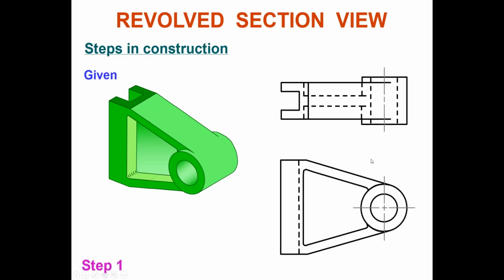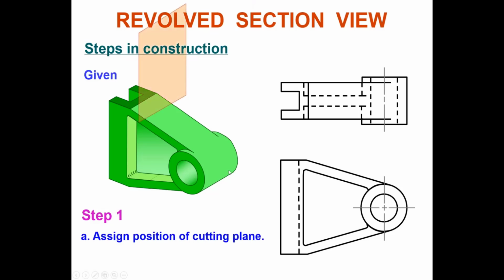So revolve section means, step one, assign the position of the cutting plane. The idea is to show what is in the middle there. The shaded red area is your cutting plane; you want to see what the cross section view of this red cutting plane is.